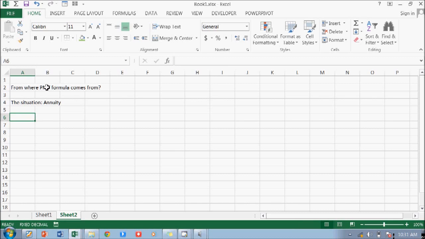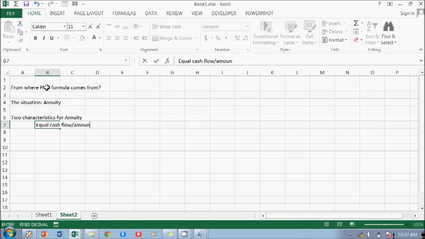There are at least two characteristics for an annuity. First, you have equal cash flow or amount, and then you have a regular interval. So that cash flow is paid on a regular interval.